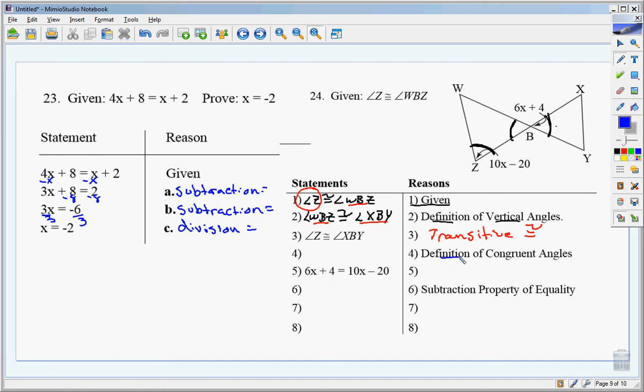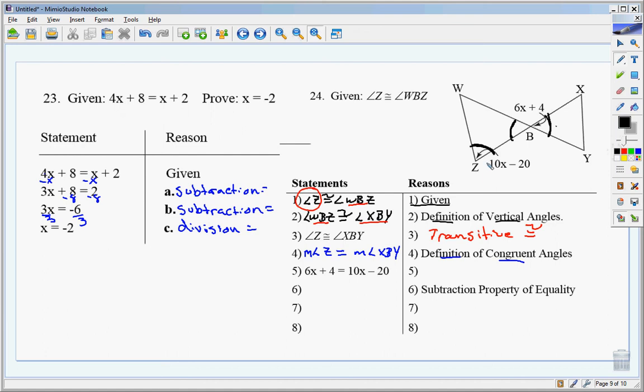If they use a definition of congruence, you have to go from congruency to equality or from equality to congruence. So here they're saying the pictures are the same, but I want to say that the measurement of angle Z is equal to the measurement of angle XBY. And I can do that because of the definition of congruent angles.